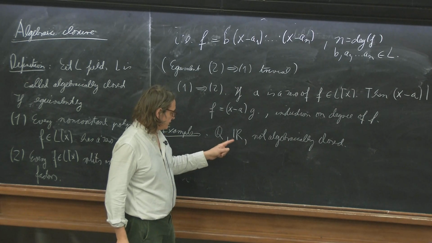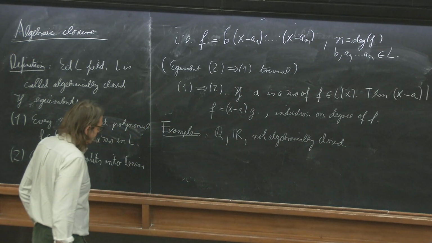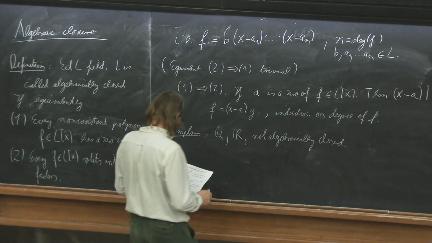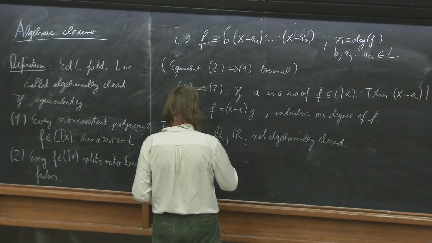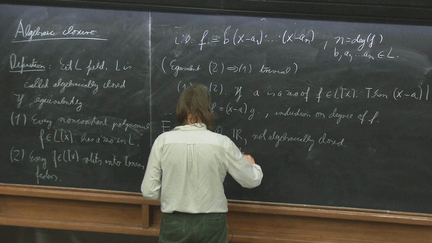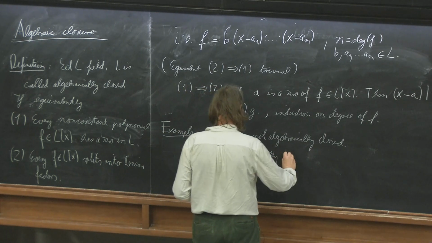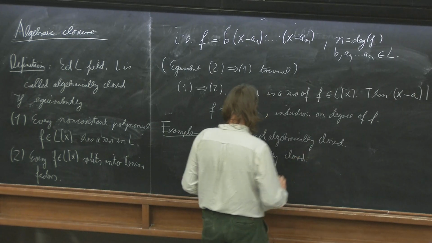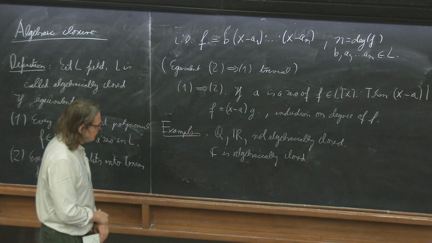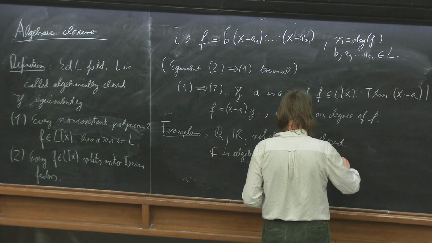Here you can take, for instance, x squared plus 1, which doesn't have a zero in R. But some are algebraically closed. C is algebraically closed. This is often called the fundamental theorem of algebra, although it is not really a theorem of algebra.